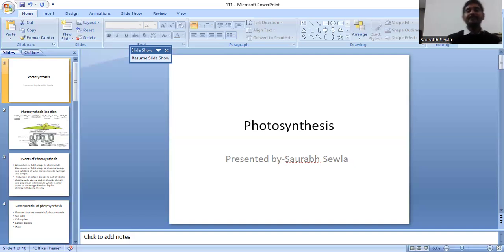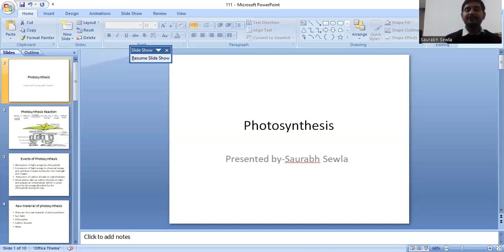The first activity: is sunlight necessary for photosynthesis? In this, we have taken one leaf and it is covered with a black strip. On the strip area, we assume that no sunlight falls on the leaf surface.